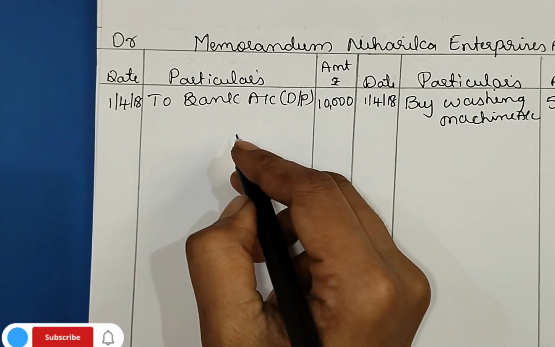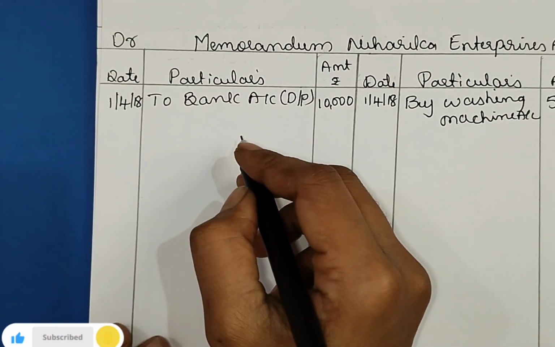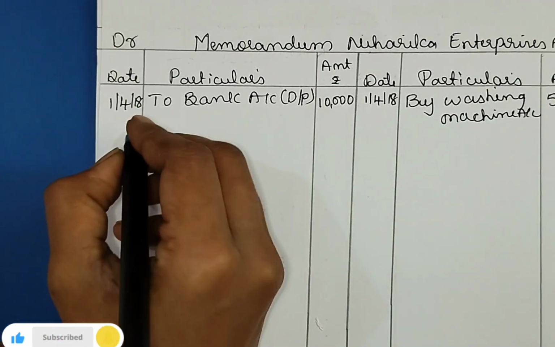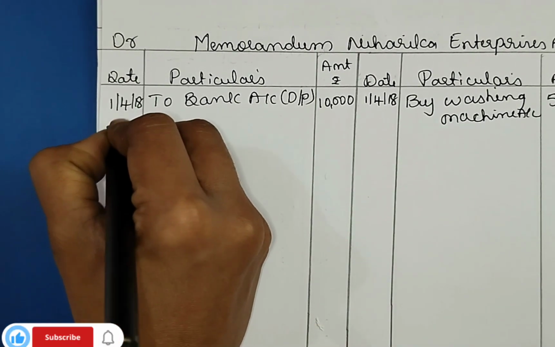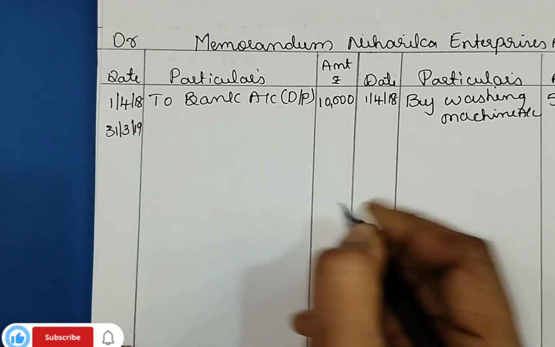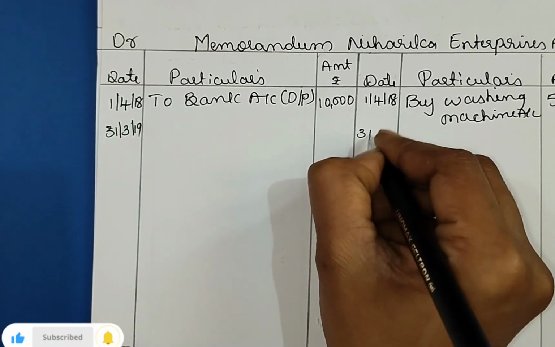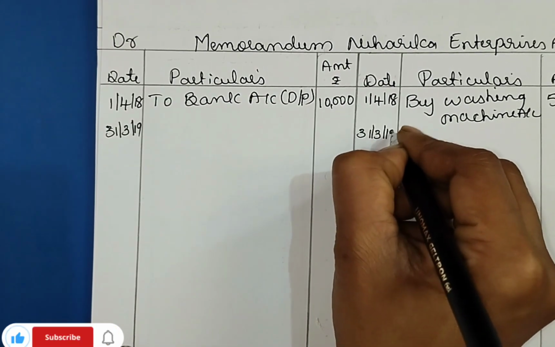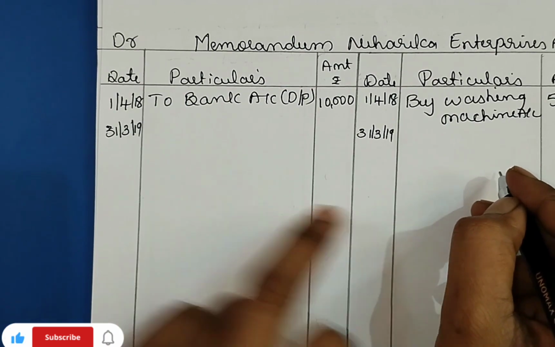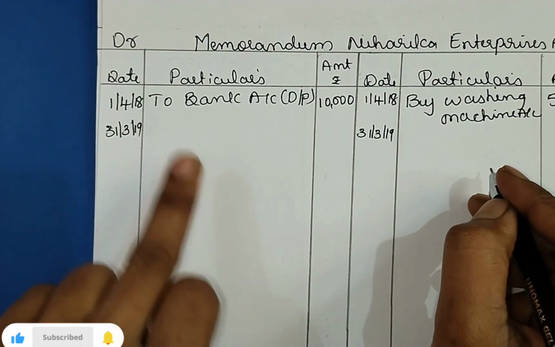And for the first year, they are receiving the installment amount every year end. So year end means 31st March 2019. First we'll pass entry for the interest, because our installment we need to pay with interest.